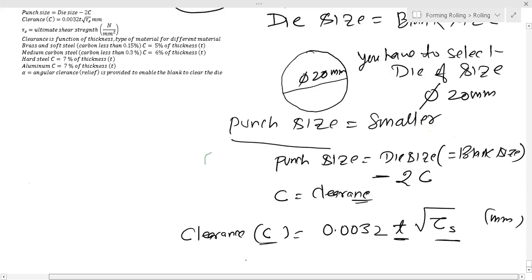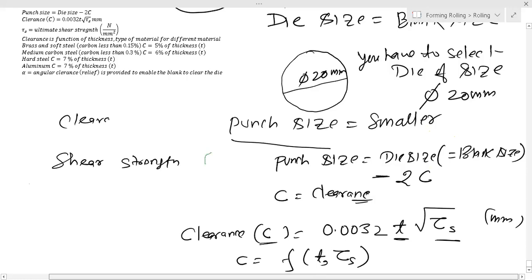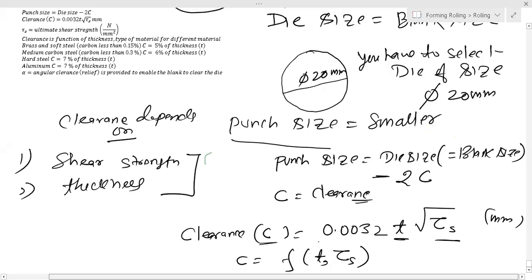So clearance C is a function of thickness and tau S, the shear strength. If you know these two things, you can calculate the clearance value using this relation.